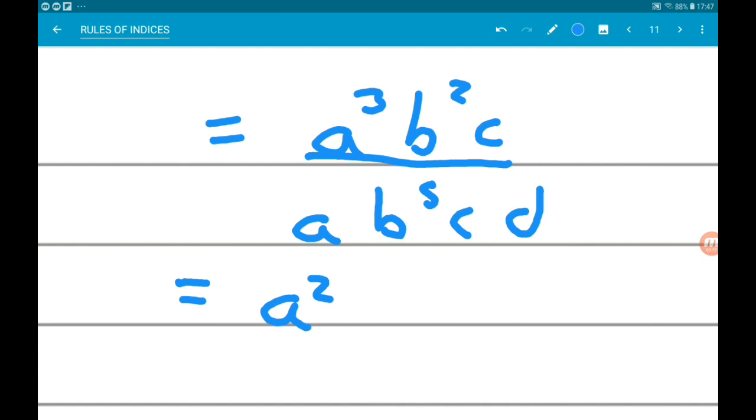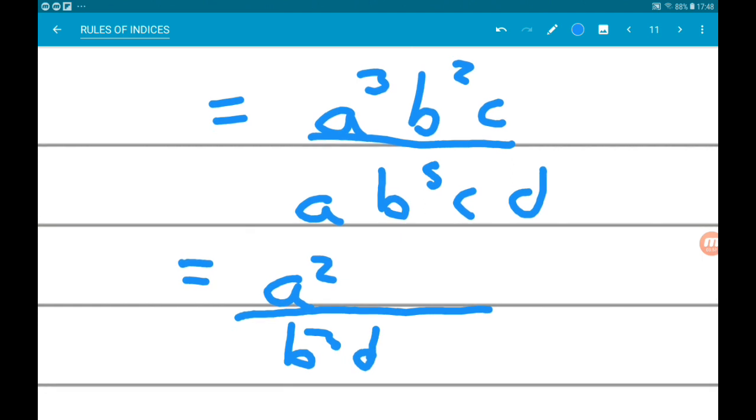So if we divide top and bottom by b squared, it disappears on top and leaves us with b cubed on the bottom. Okay, on the top we have a c, we also have a c on the bottom. They cancel each other out, and then we just get left with this d on the bottom as well. So our answer is a squared over b cubed d.